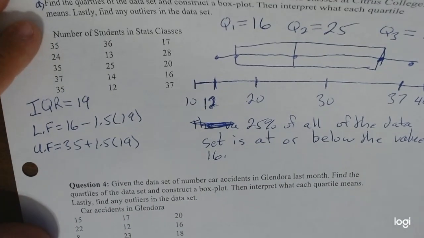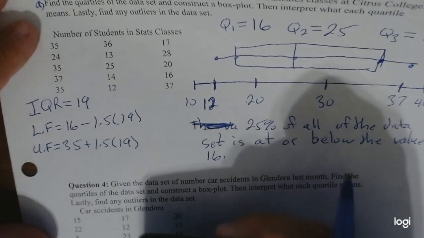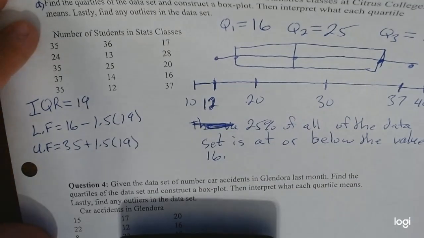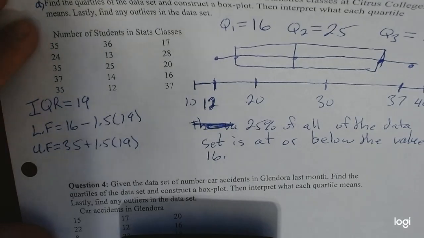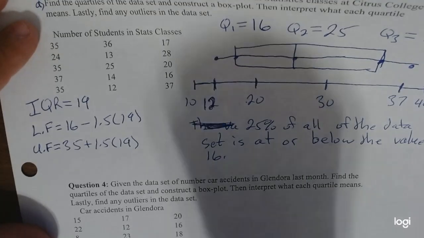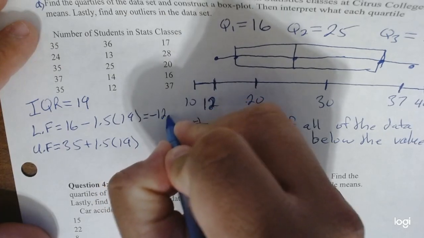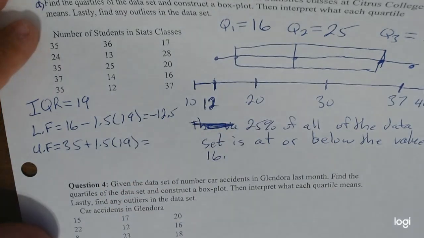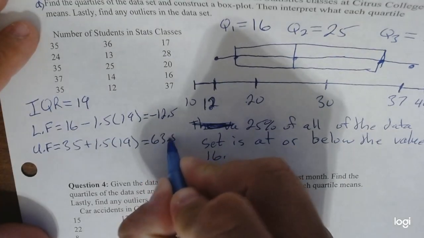Okay, so put this in a calculator and see what we get here, right? So for our lower fence, you should get negative 12.5, and for our upper fence, you get 63.5, I believe.